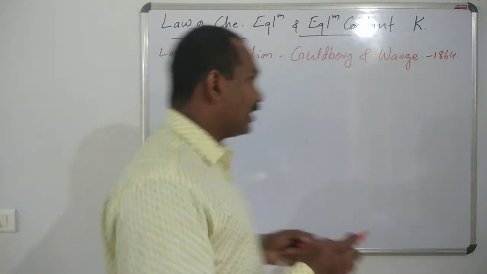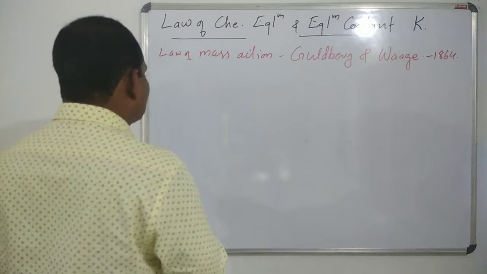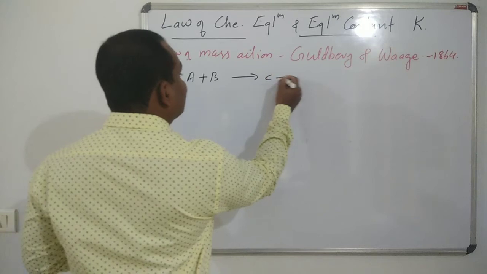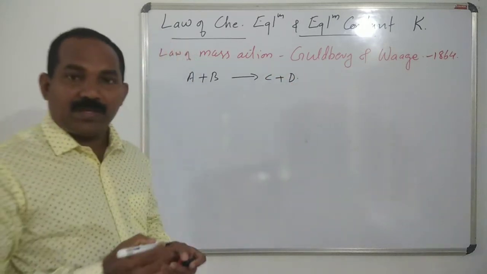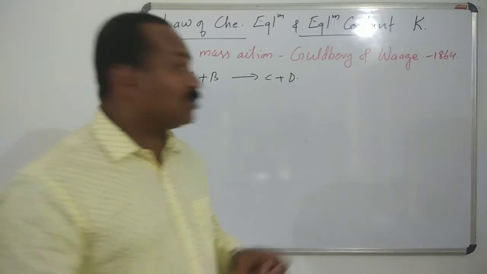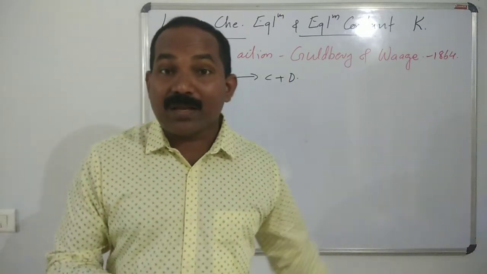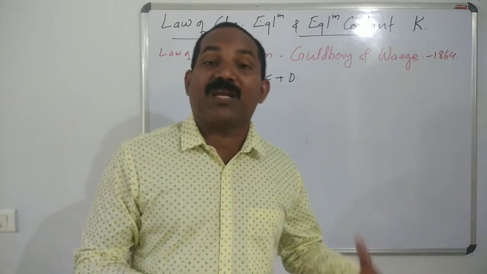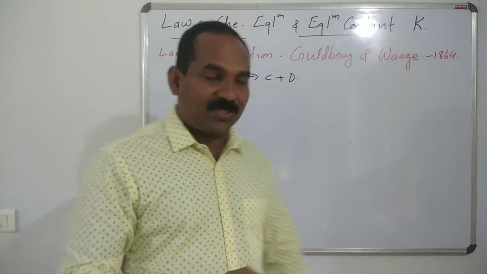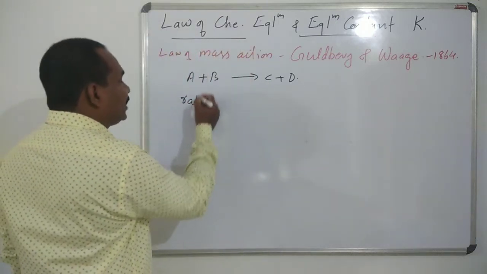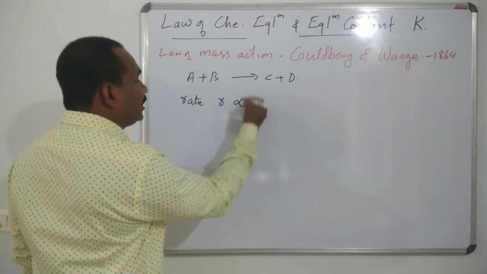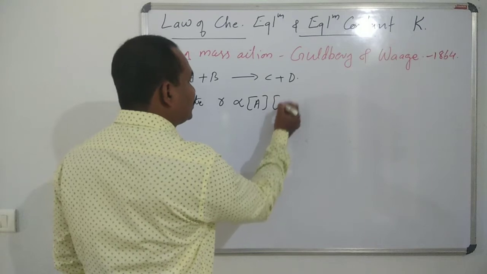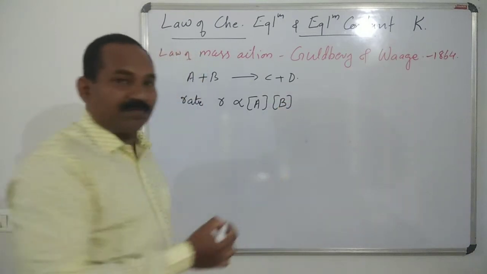So let's consider a reaction A plus B gives C plus D, or products. According to the law of mass action proposed by Guldberg and Waage in 1864, the rate R is directly proportional to the product of the concentrations of reactants.